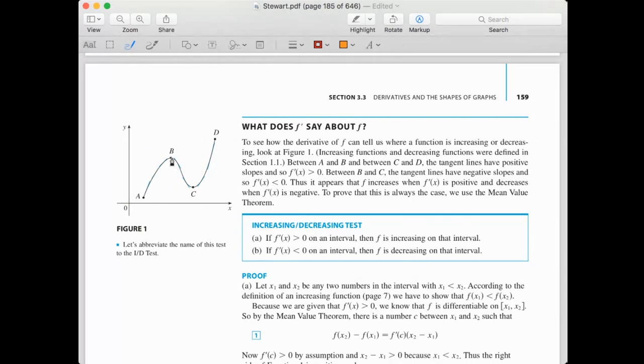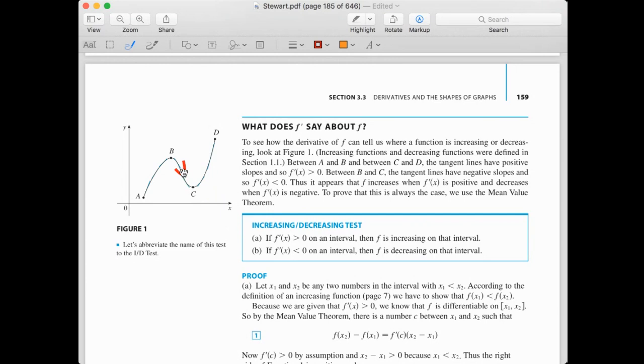In contrast, from b to c, the function decreases. The arrow goes downward. This means when the x value increases, the y value decreases. So the x value and f of x do not go in the same direction.